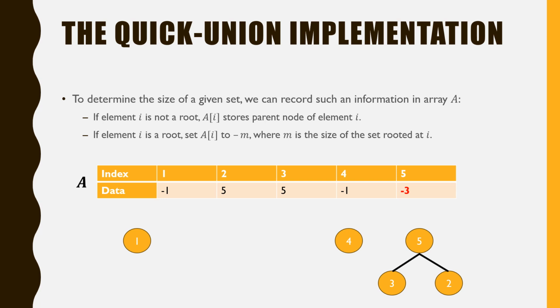In this case, a negative value indicates that the element is a root. The magnitude of the value represents the size of the set. For example, here we have A5 equals negative 3, meaning that the tree rooted at element 5, that is, the third tree shown here, contains 3 elements.